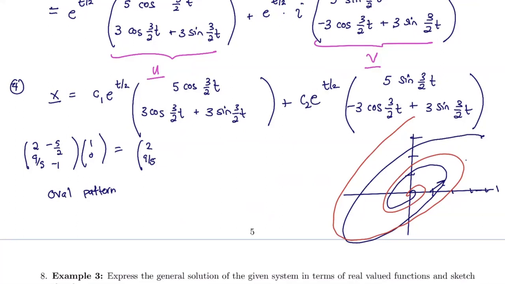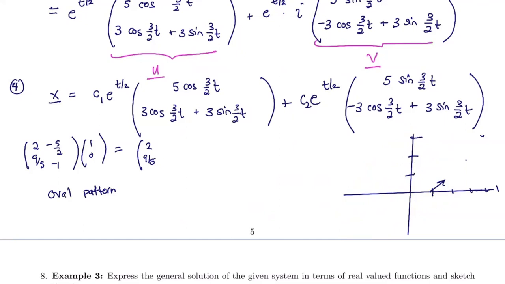Also make sure to put your arrows to indicate which direction they are. Oh, I did them in the wrong direction, didn't I? They're heading inwards in this particular case. So let's try to redo this. We have to head outwards, away from the origin.